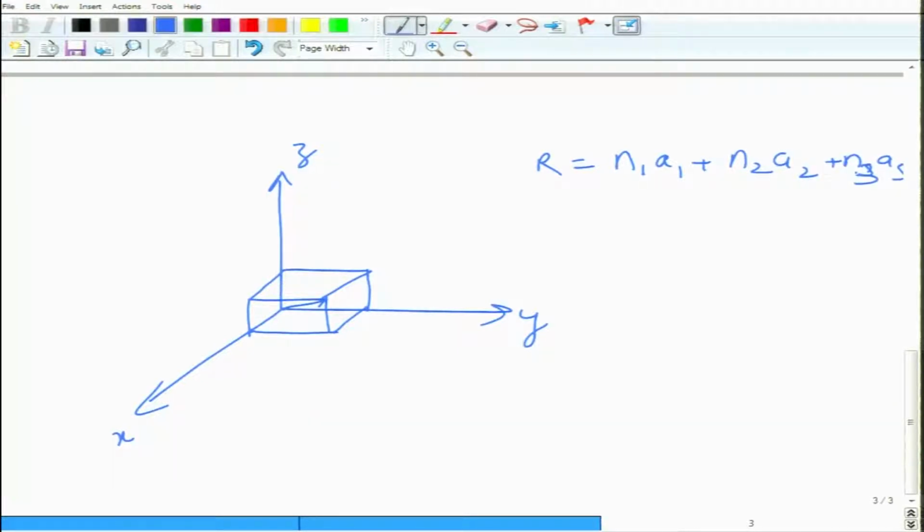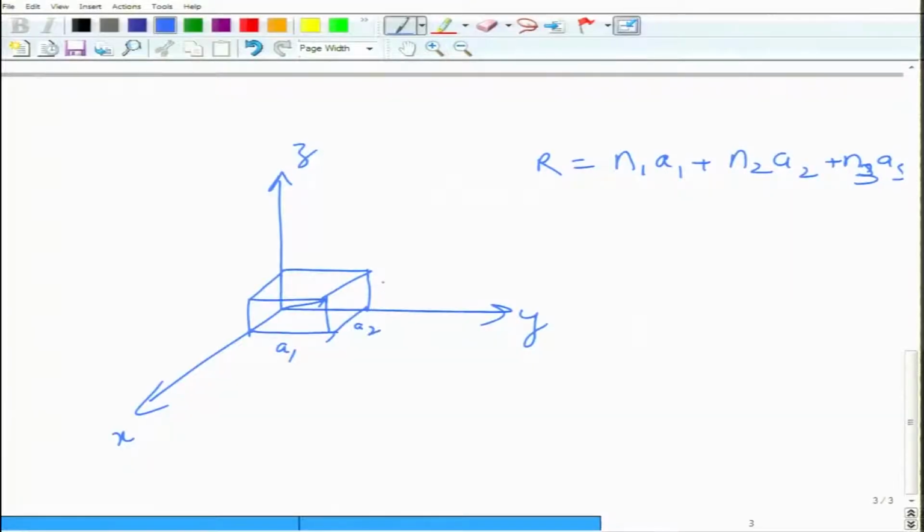So n1, n2, n3 are integers which determine the number of translational steps that you take along the a1, a2 and a3 axes. In this case, for example, this is a1, this is a2 and this is a3, so this vector r will be 1 of a1 plus 1 of a2 plus 1 of a3.